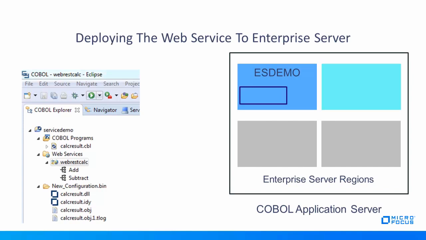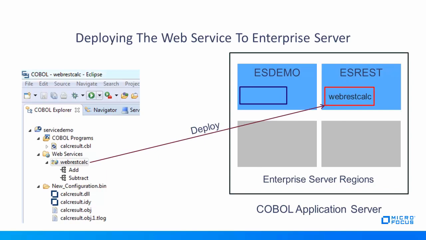For this demo, we'll create a new enterprise server named ESREST, and then use that enterprise server for our web service. Before a web service can be invoked, the service has to be installed or deployed into the enterprise server in which it will run.